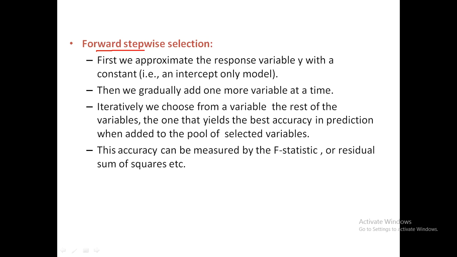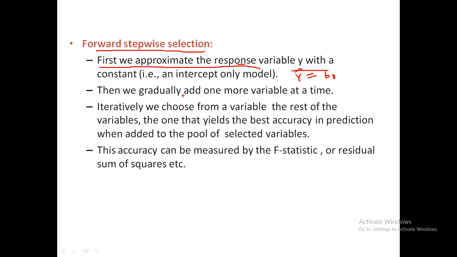In forward feature selection, what we do first is approximate the response variable y with a constant only. First we consider that our model y estimated is equal to b naught only. There is no x term, only an intercept model.